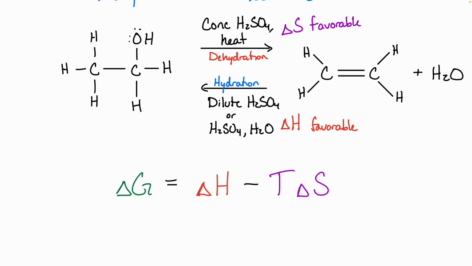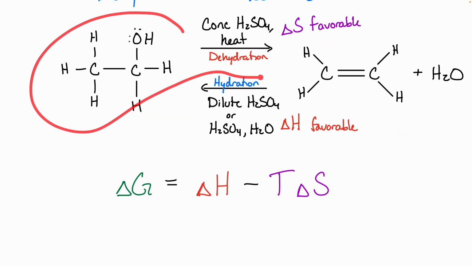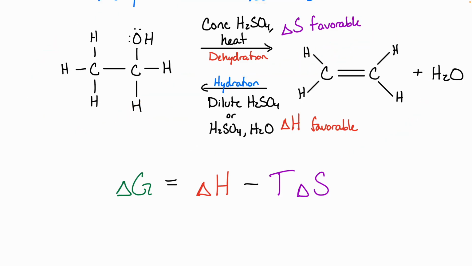Okay, so we can tune this equilibrium to go in one direction or the other by using temperature. At low temperatures, the enthalpy term is going to dominate our free energy. At high temperatures, the entropy term is going to dominate our free energy. All right? We talked about going this direction at the beginning of the week. Now we're talking about going this direction, our dehydration reactions.